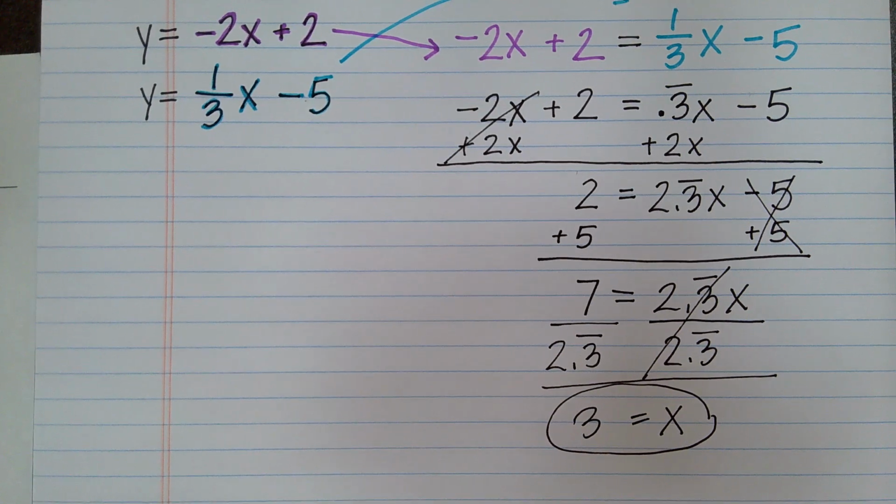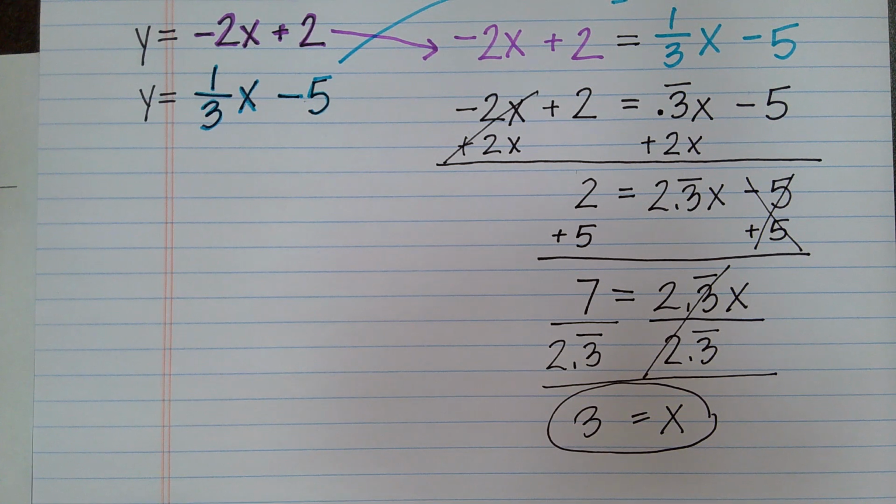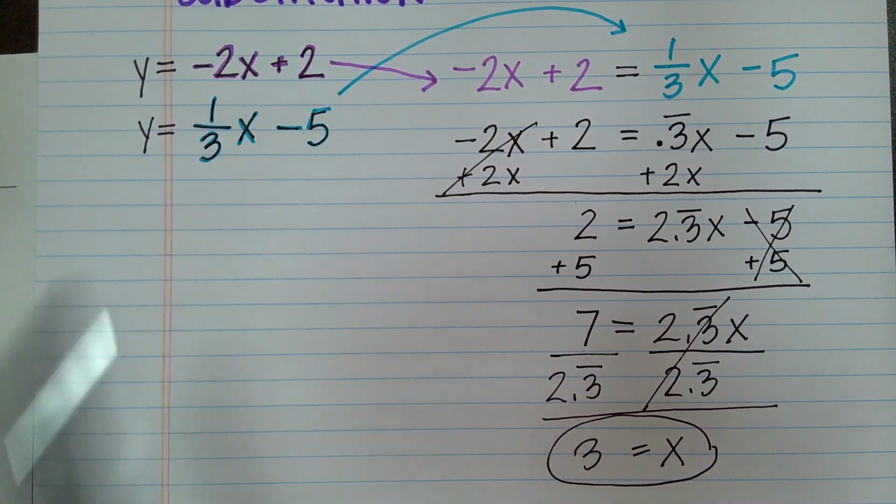Okay, so what do we need to do now that we have our x? Plugging that x into your equation. Yes, we want to solve for y by plugging x into the equation. Which one of these equations would we like to use? We can do either one. The first one. Yes, let's avoid fractions.